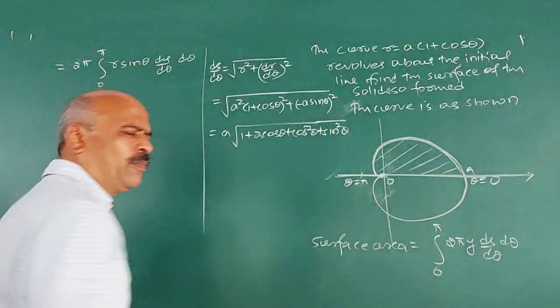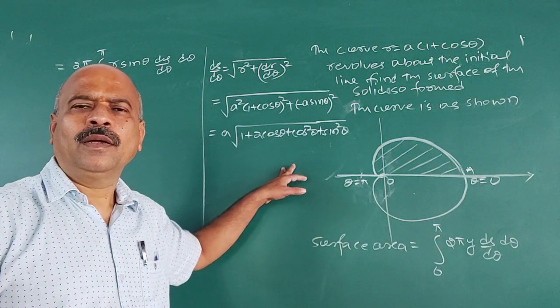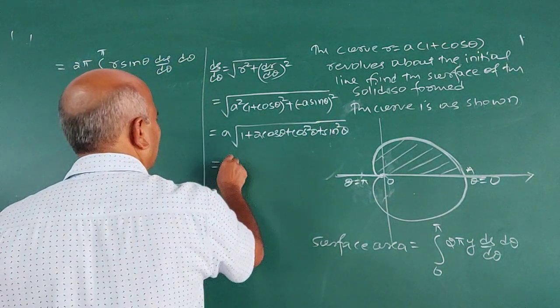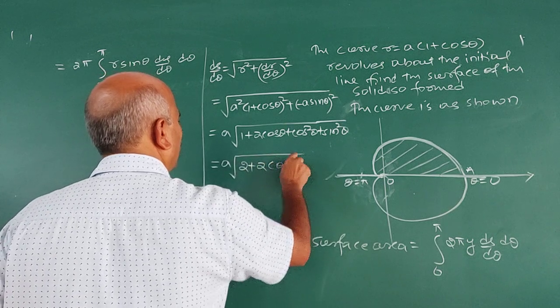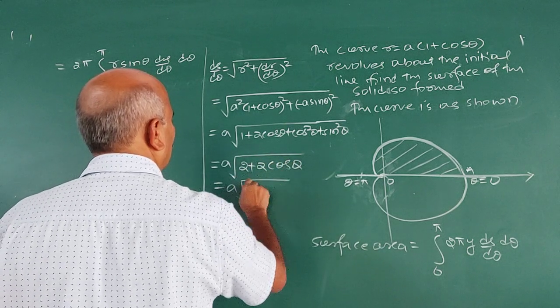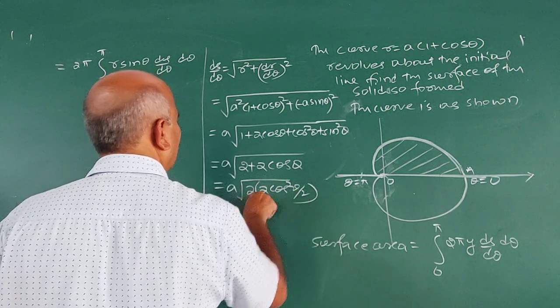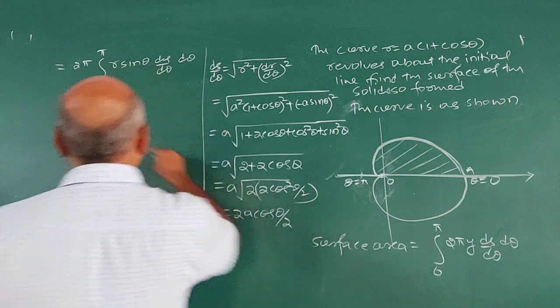See, in almost all the problems, this type of simplification is the same. You refer to that one. Similar type of calculation is there, therefore you can easily follow this one. 2 plus 2 cos theta, therefore it is a into 2 into 1 plus cos theta, which is 2 cos square theta by 2, therefore it is 2a cos theta by 2. This is ds by d theta.